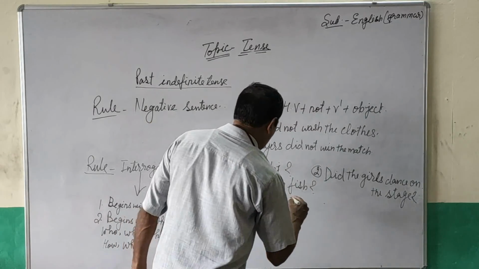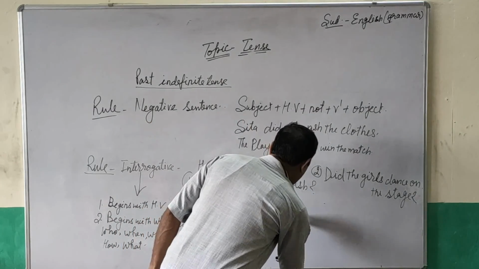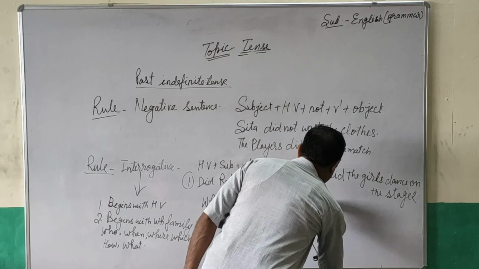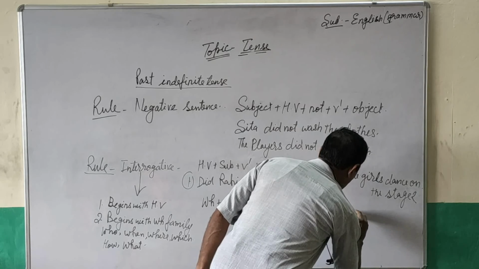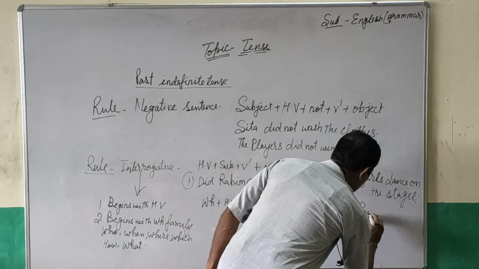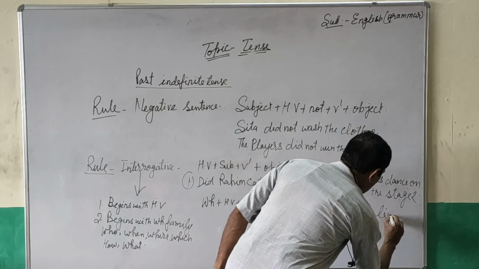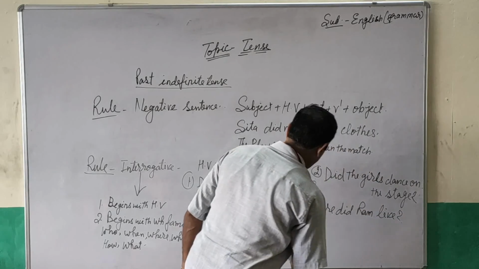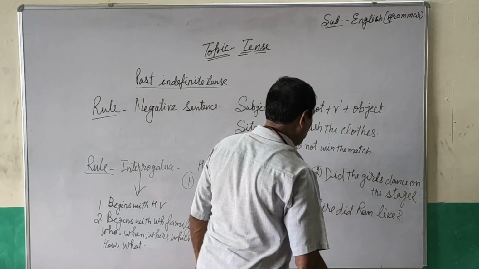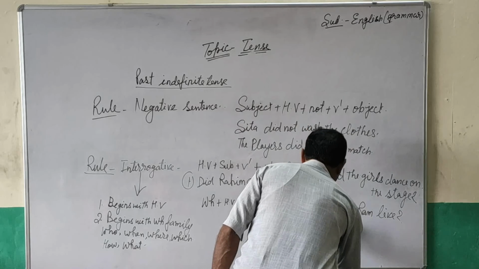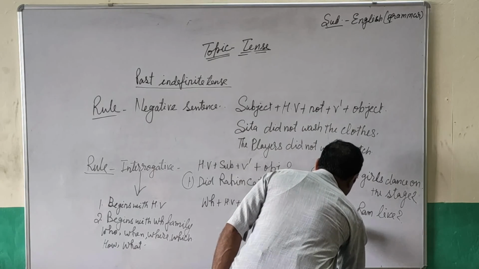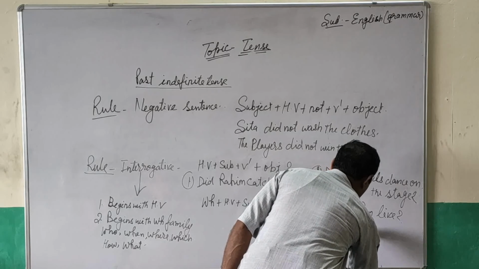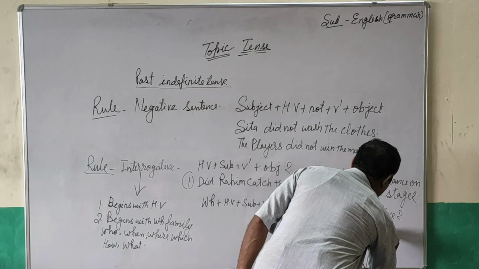Now take the first example. Where did Ram live? And second, plural example. When did boys come to school?